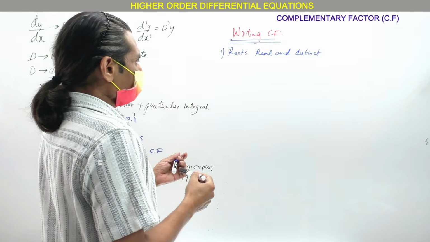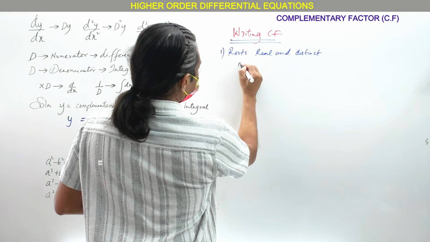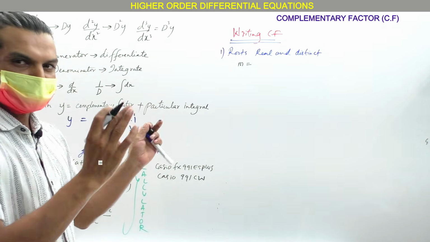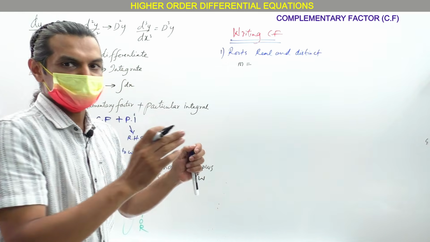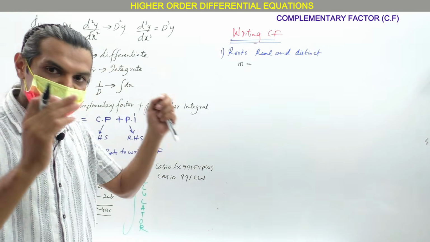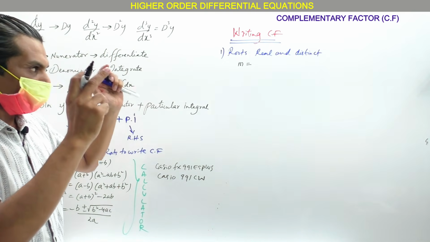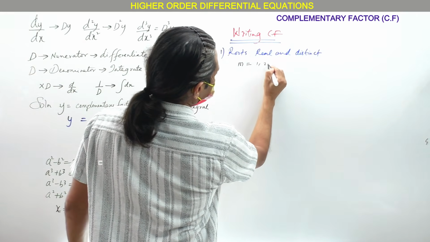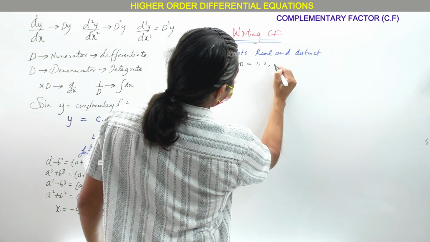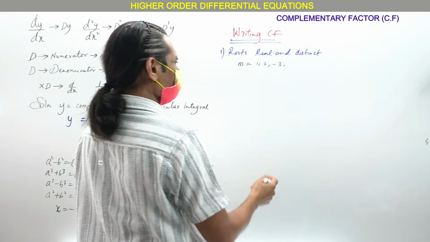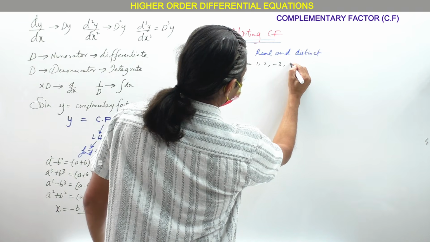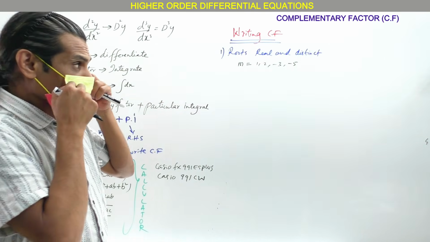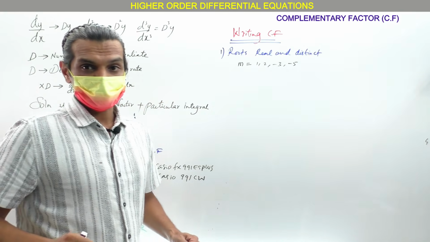I am not giving you general theory here. I am explaining how to find the roots and how to write a CF with real roots. Say if I get roots as m is equal to 1, 2, minus 3, minus 5, something like this. It can be anything. Now 1, 2, 3, 4 roots.